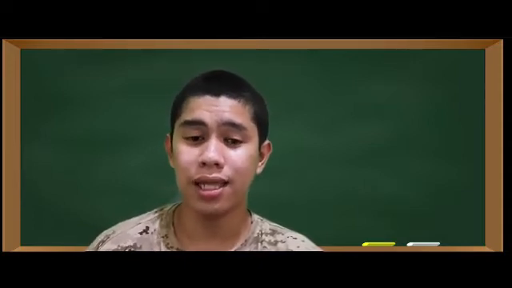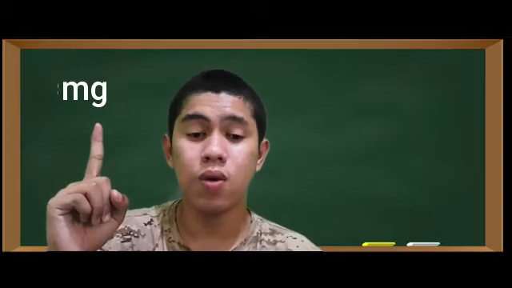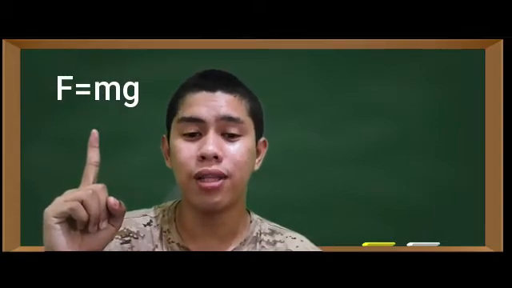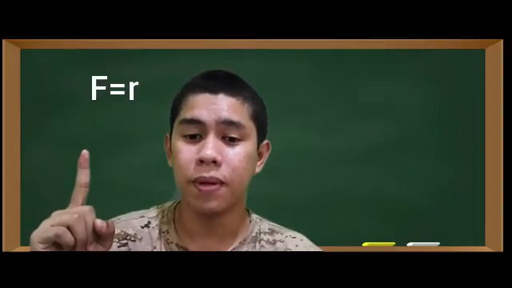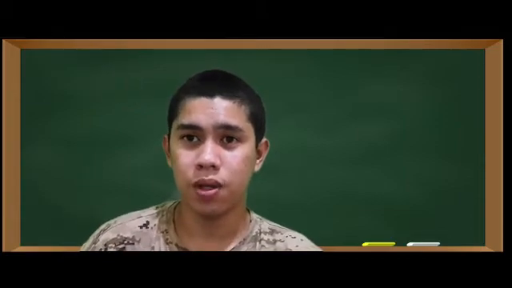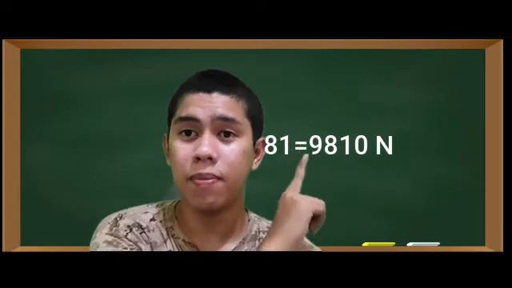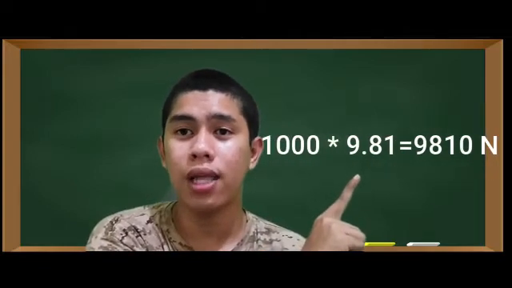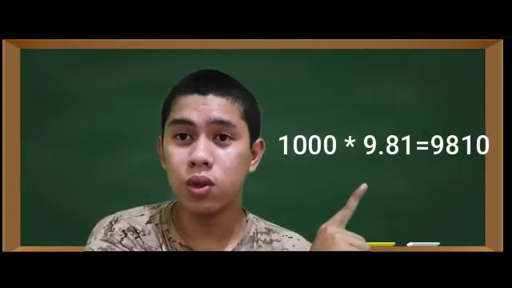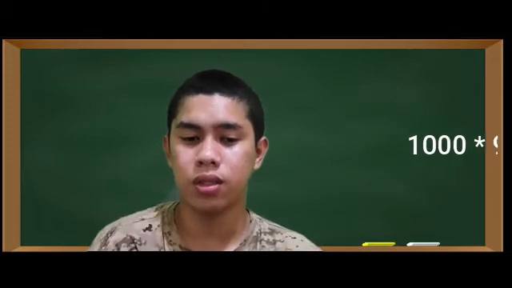So, F equals mg, or the gravity multiplied by the kilograms. Or we can say that 1,000 multiplied by 9.81 is equal to 9,810 newtons.